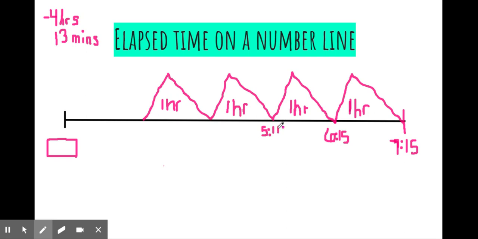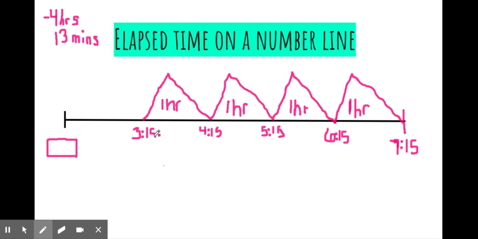And if we take an hour from 5:15, what time will we be at? Yes, 4:15. And if we subtract 1 more hour, what time will we be at? Yes, 3:15.